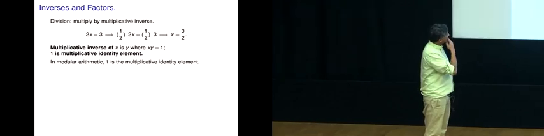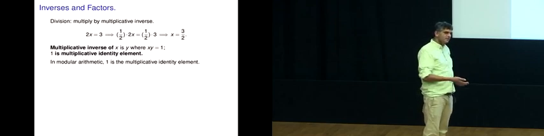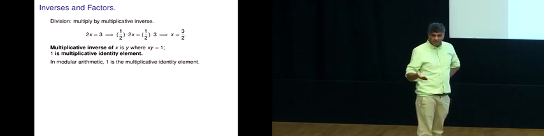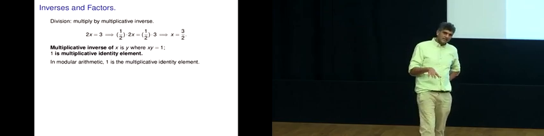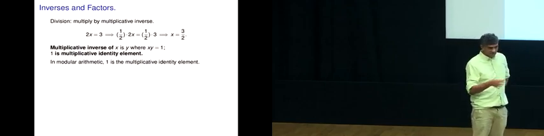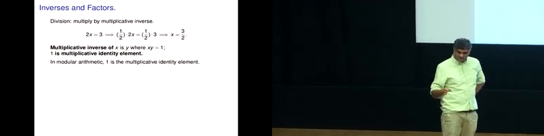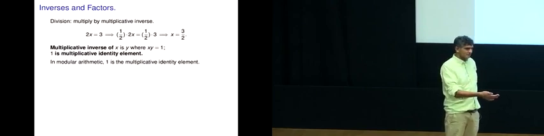And in modular arithmetic, 1 is still the multiplicative identity, right? If you multiply by 1, you just multiply the representative by 1. It doesn't change, right? We're still using the axioms of arithmetic with the natural numbers. Multiplication means what it means. Addition means what it means. This notion of equivalence is added on top. Okay?